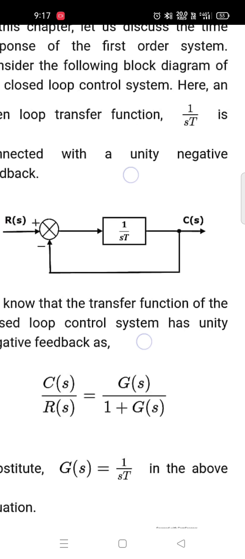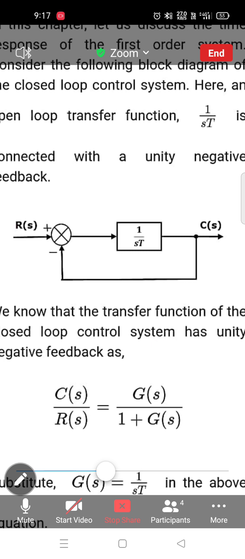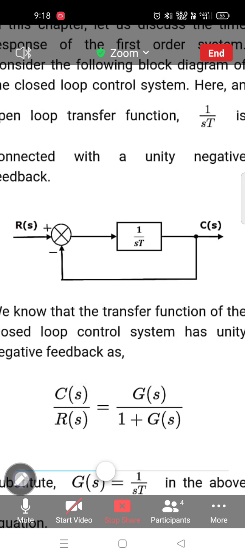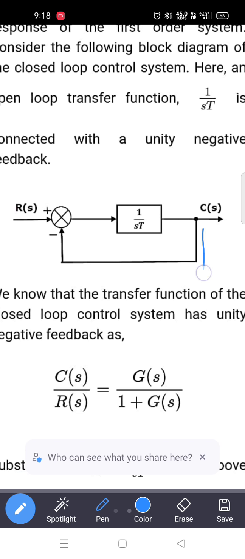Now you can see here there is one system given, R of s is the input and C of s is the output, and the transfer function for this system is 1 upon sT. You can see that this system is giving some feedback to the input, but no equation is given here, so we can say a unity feedback is given.